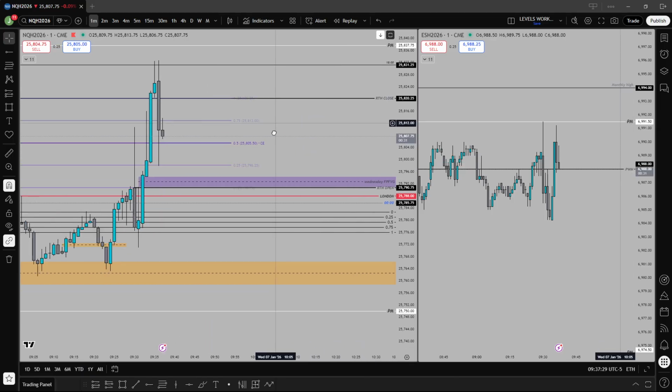But right now, since we are like above the opening range and we have like fully closed it, I want to see how price reacts to the opening range gap.